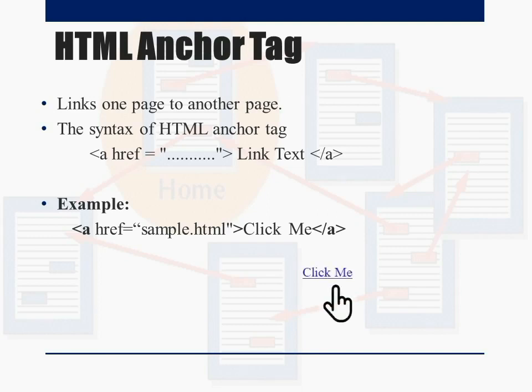For opening a link in a new window, we can write href equal to our web page address, then write the text, then the closing tag. We know that the anchor tag is a container tag, that is why we are using the closing tag. Here the text click me will be displayed in your first web page, and when we click on this click me text, then we can go to the next web page, sample.html.